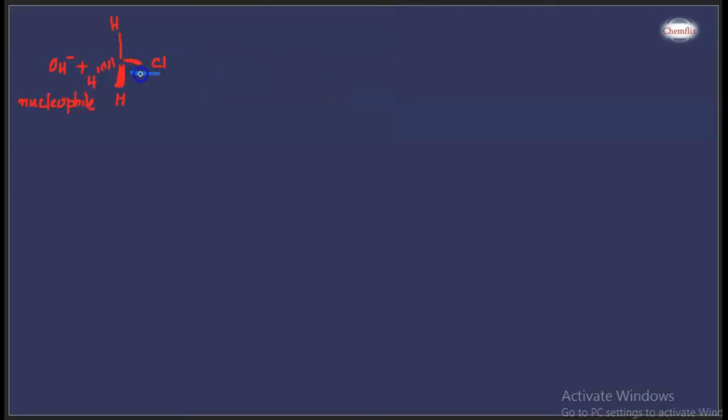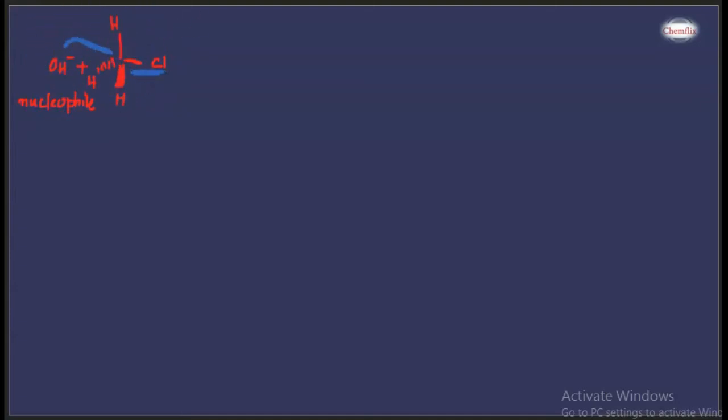This one is the carbon halide bond, and it starts breaking, and a new carbon nucleophile bond, in this case a carbon OH bond, starts forming. These two processes take place simultaneously in a single step.